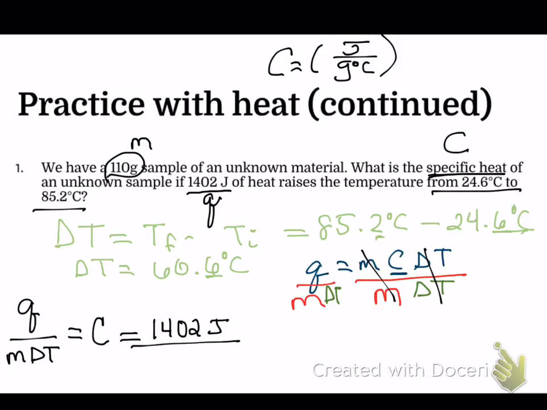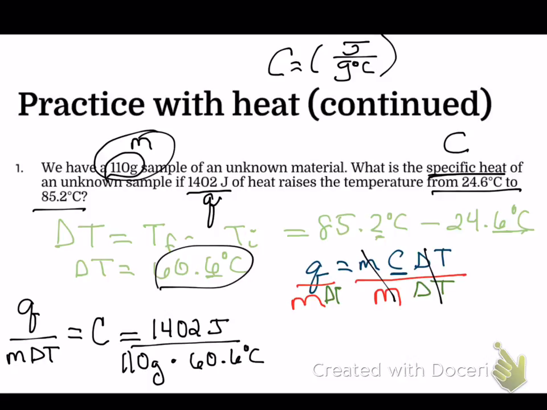The mass we were given is, oh, here it is, 110 grams. And then we figured out that delta T right here is 60.6 degrees Celsius. So we noticed that joules, grams, and Celsius don't cancel each other. So the unit ends up matching what we wanted, right? So joules divided by grams divided by Celsius.